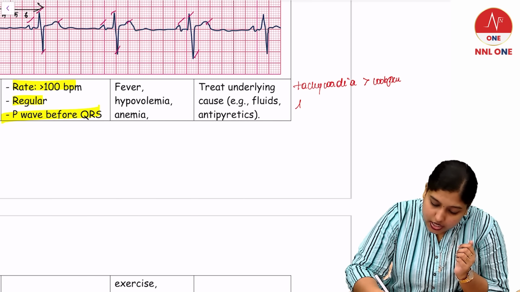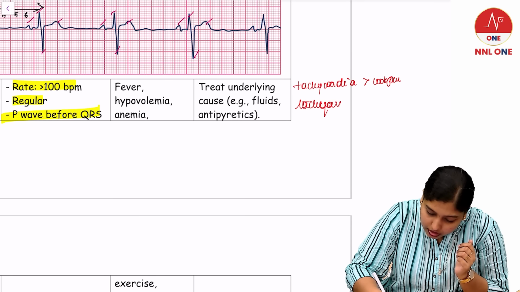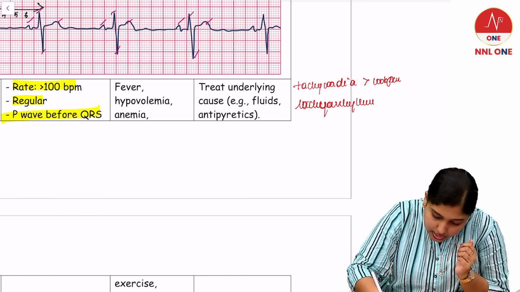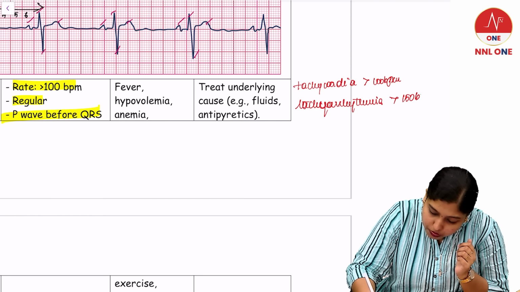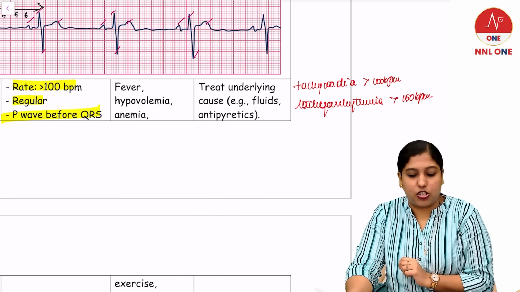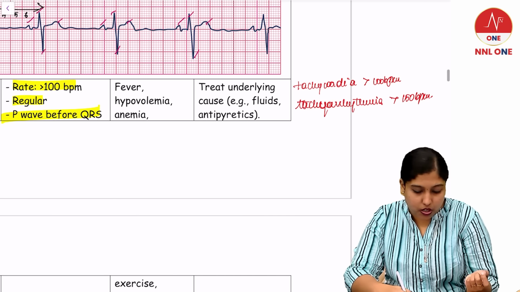If it is a tachyarrhythmia, it will be greater than 150 beats per minute. This is the definition.